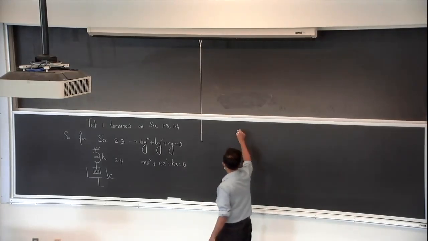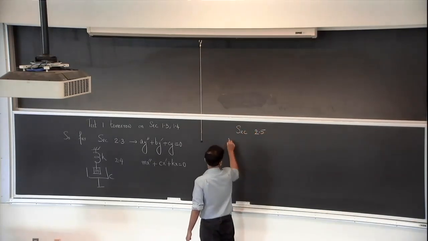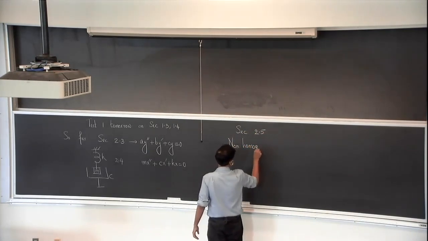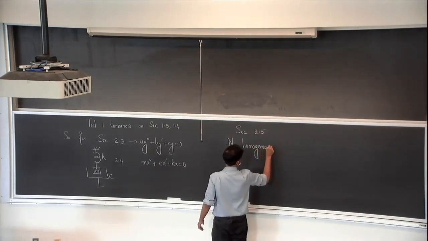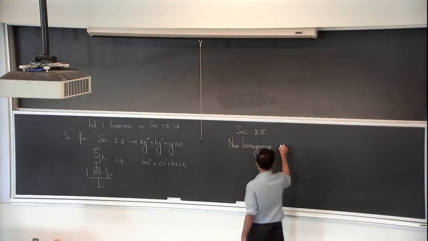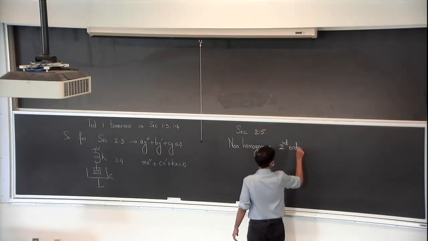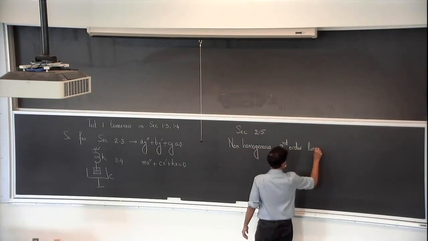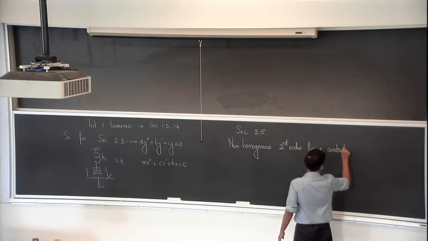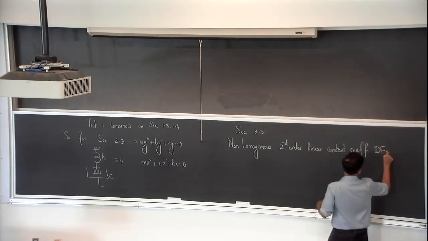So section 2.5: non-homogeneous, still second order linear constant coefficient differential equations.